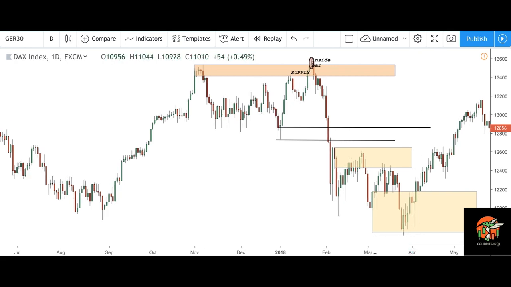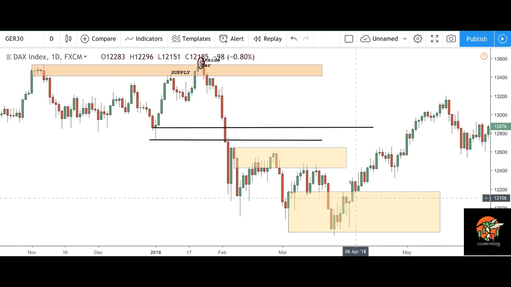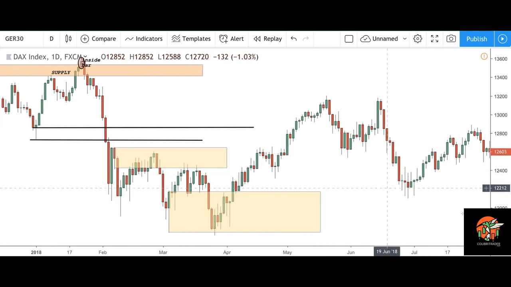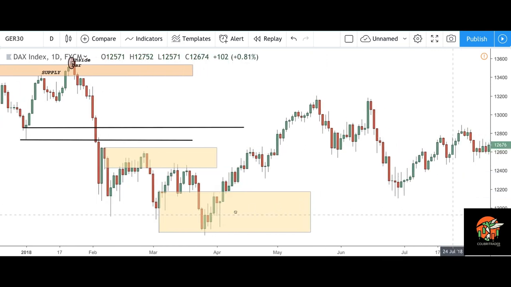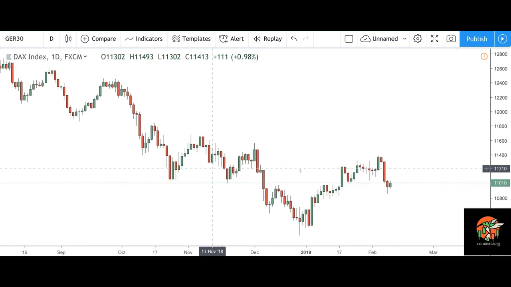But having said that, possibly you could have re-entered on a breakout here when price is retesting this support level, which is a next resistance turned into a support level. But anyway, that's not the point of this video. The point was just to show you where you could potentially take your profits.